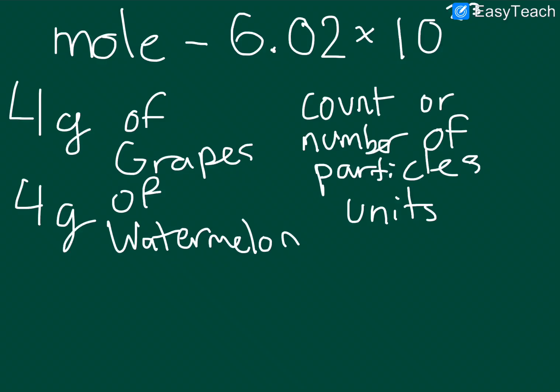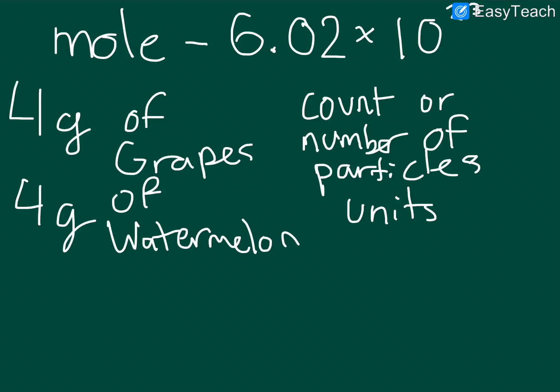Because a watermelon is a much bigger fruit than a grape. 4 grams of grapes may be like two or 3 grapes, but 4 grams of watermelon is just a tiny chunk of the huge fruit.